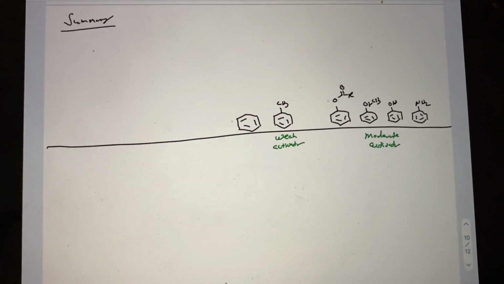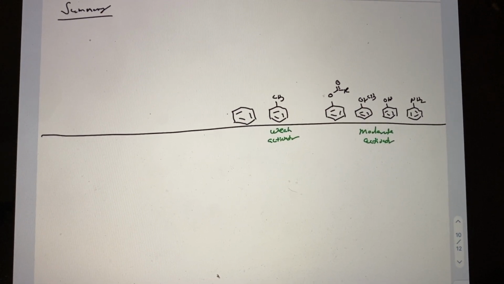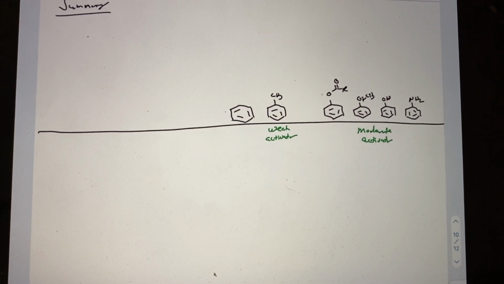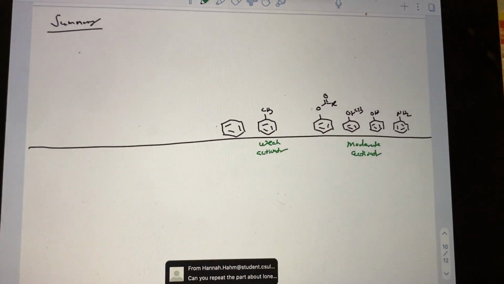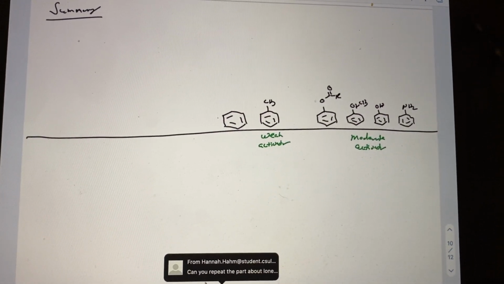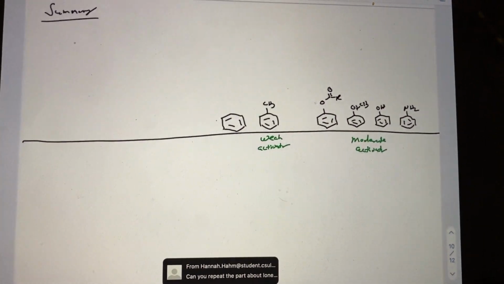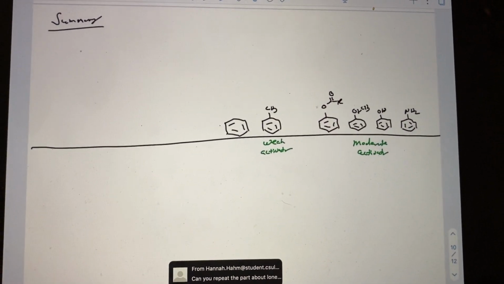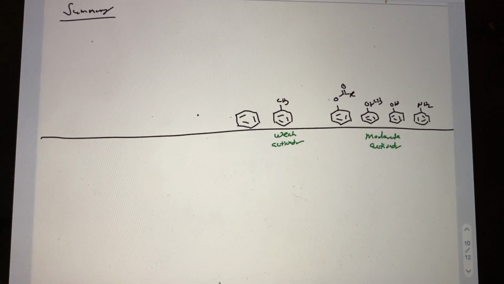So Eva, I'll scroll up in just a second here, since I'm on a roll, hopefully with this summary, and then we'll go back up for a second. So then here, these are moderate activators. And now let's start thinking about the deactivators. And then when I finish this one too, we'll talk about the lone pair. So now relative to benzene here, we have things that are weak deactivators.